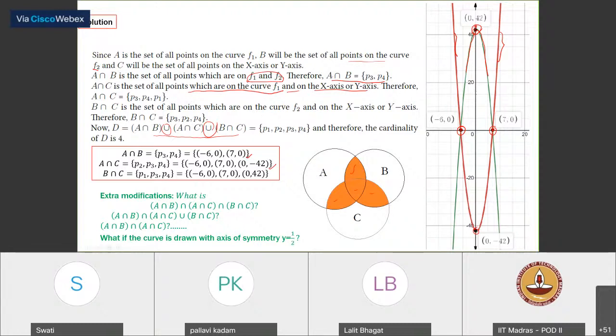There are 4 points, P1, P2, P3, P4, in the union, so in that case the cardinality will be 4.